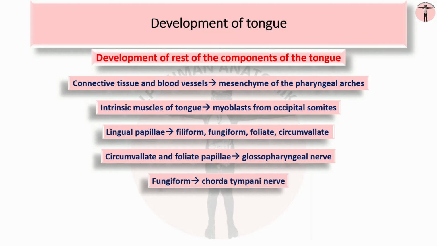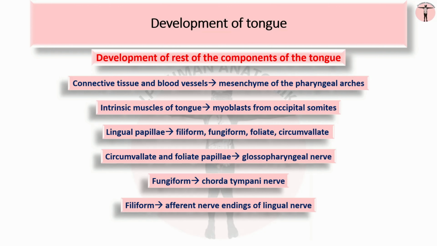The fungiform papillae appear later, near the terminations of the chorda tympani branch of the facial nerve. Filiform papillae, the most common papillae, develop during the early fetal period, by about 10 to 11 weeks. They contain afferent nerve endings of the lingual nerve that are sensitive to touch.